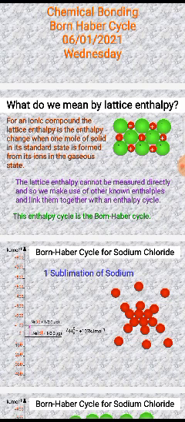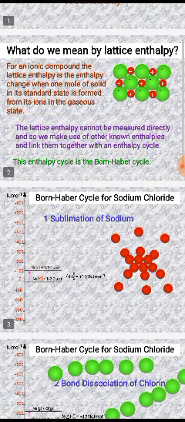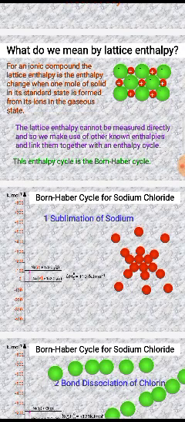The lattice enthalpy cannot be measured directly, so we use other known enthalpies and link them together with an enthalpy cycle. This enthalpy cycle is the Born-Haber cycle, which explains the lattice enthalpy.